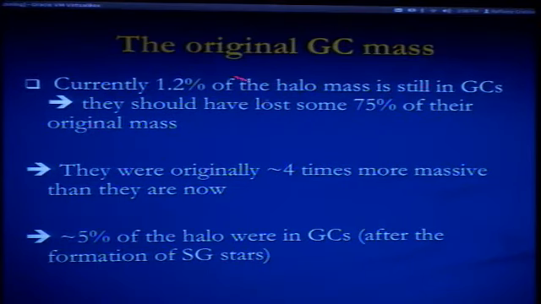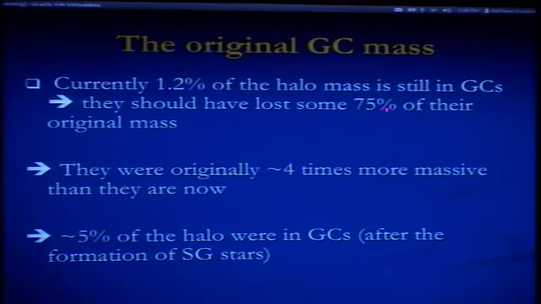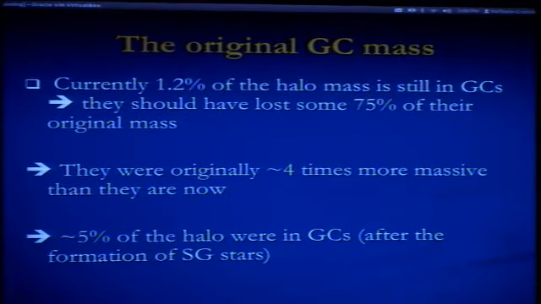So you must sum up the two terms and conclude that there is 5% of the halo which was originally formed in globular clusters. And that globular clusters should have lost, on average, some 75% of their mass. So in total, they were originally 4 times more massive than they are now.